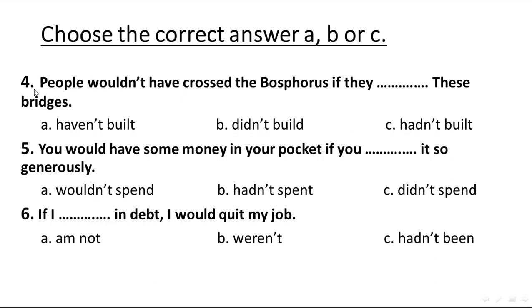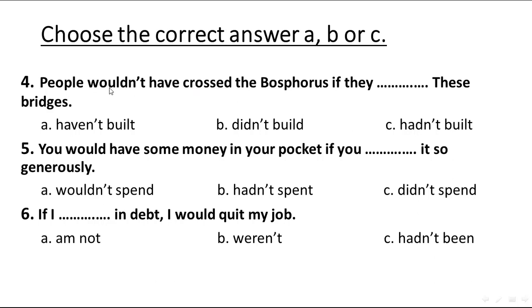Okay, let's look to sentence number 4. People wouldn't have crossed the Bosphorus if these bridges. If you look at the first part of the sentence, you can see that we started with the result clause first. People wouldn't have crossed.